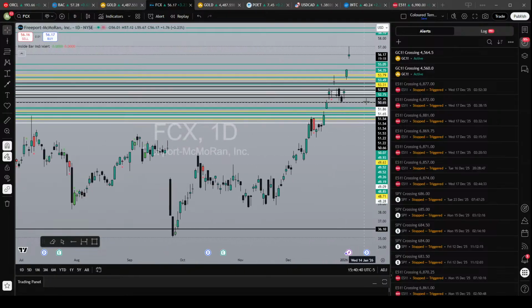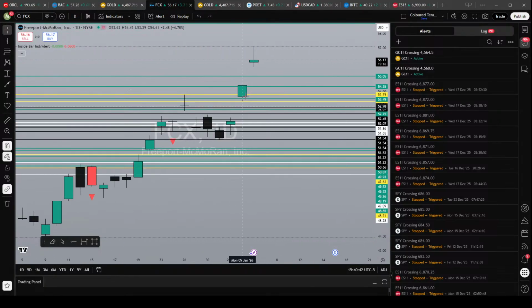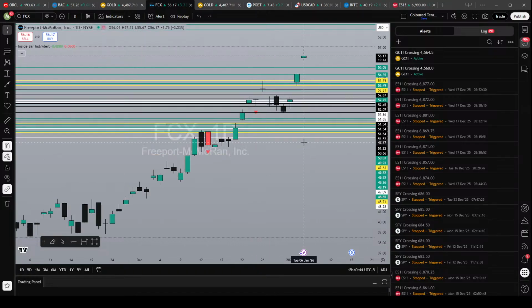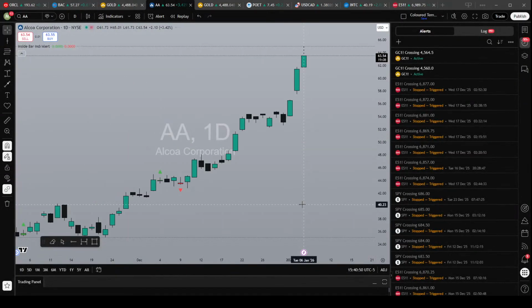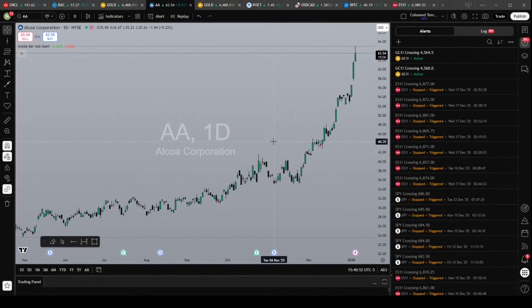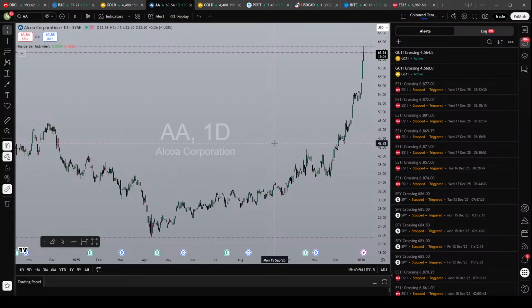FCX actually hasn't moved as much in real time, but it's been a really good swing trade, like if you took this long into Monday. Alcoa has been a really good one. Maybe keep an eye on that one too. And what about with all the lumber talk, maybe some lumber trades would be some good ones too, like wood.